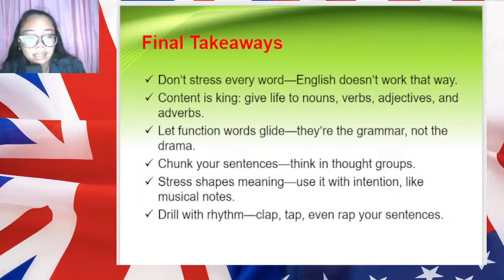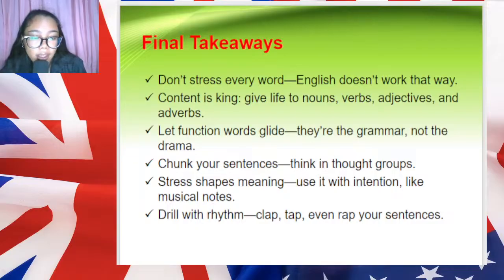All right. So how can you drill with rhythm? First is clapping or tapping. As you say a sentence out loud, try clapping or tapping your desk precisely on the stressed syllables.